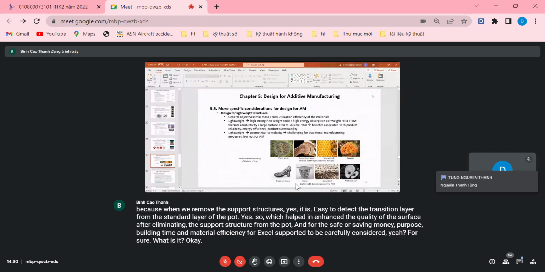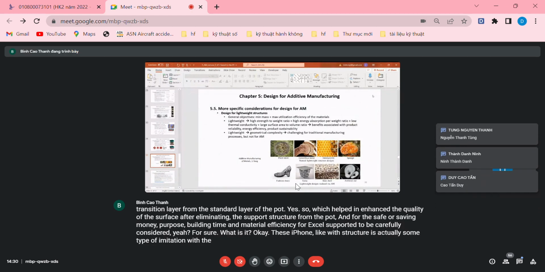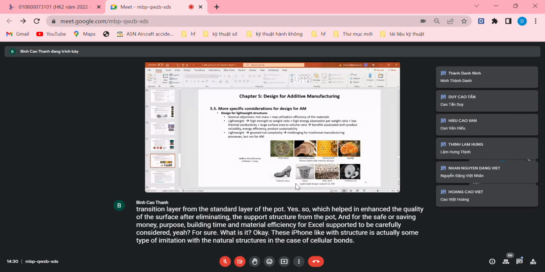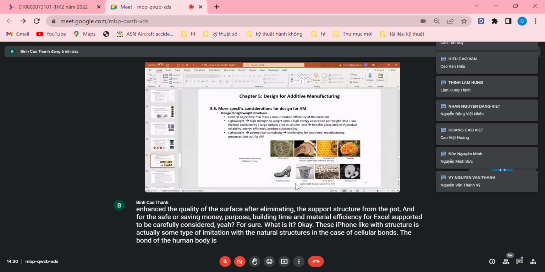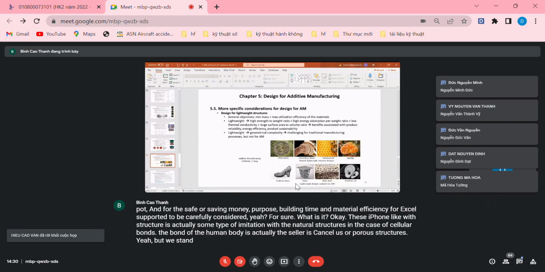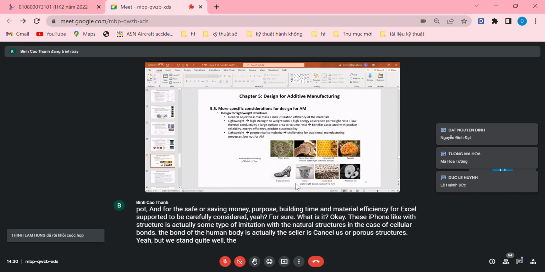Design for lightweight structure is actually some kind of imitation of the natural structures. Like in the case of cellular bones, the bone of the human body is actually cancellous or porous structures. But it withstands quite well the impact force.